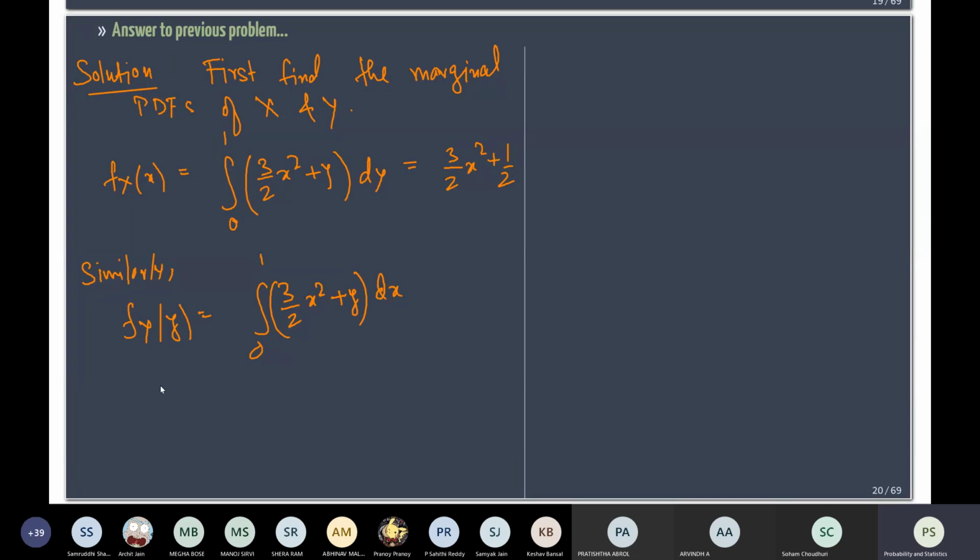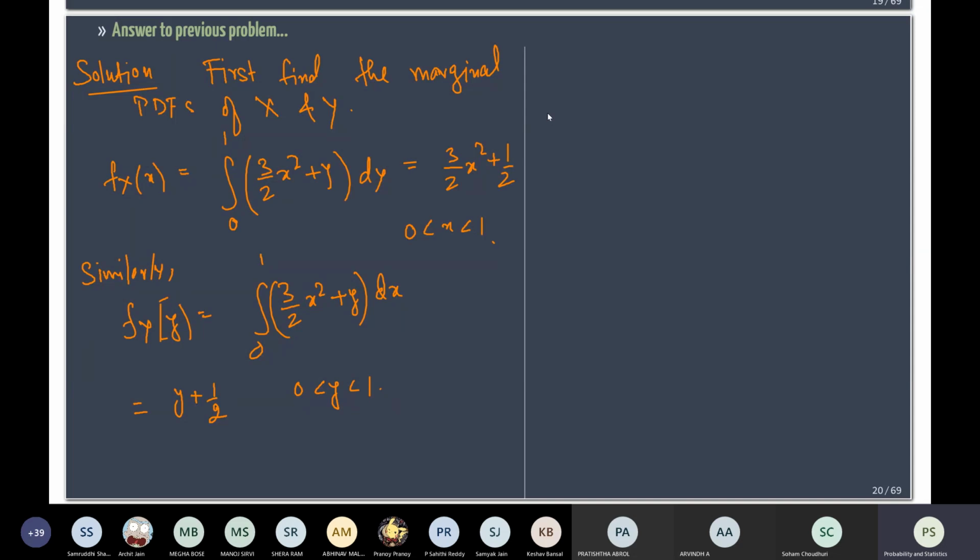The result of integration in this case will be y plus half. This is for 0 less than y less than 1, and the previous one is for 0 less than x less than 1.